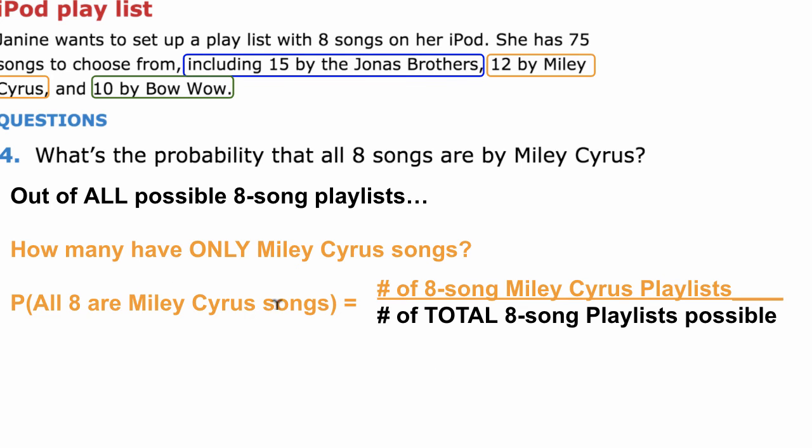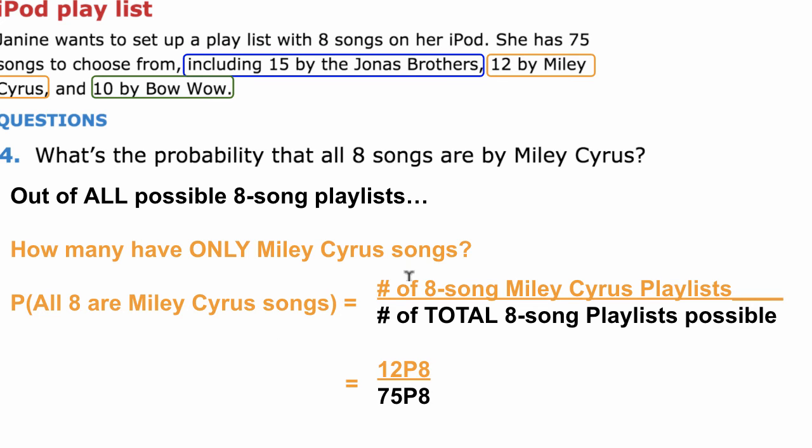So the probability that all 8 are Miley Cyrus songs is we just count. It's like 2 problems in one. Count the number of possible 8-song Miley Cyrus playlists out of the total 8-song playlists possible, which we already calculated. You can pause if you want to try it.